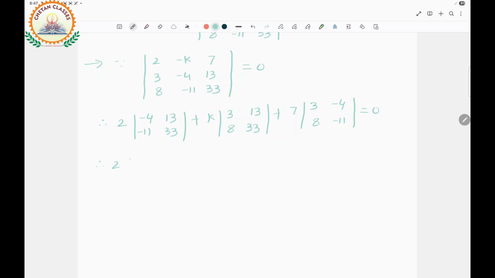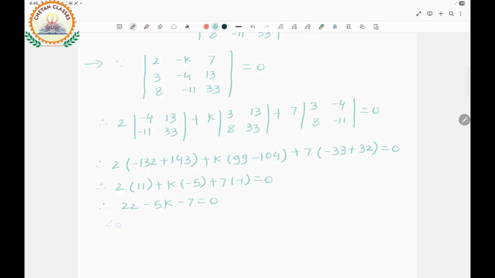So therefore 2 into (minus 132 plus 143) plus k into (99 minus 104) plus 7 into (minus 33 plus 32) is equal to 0. Therefore 2 into 11 plus k into minus 5 plus 7 into minus 1 is equal to 0. Therefore 22 minus 5k minus 7 is equal to 0.